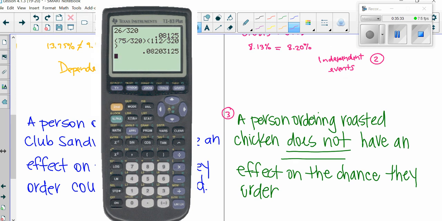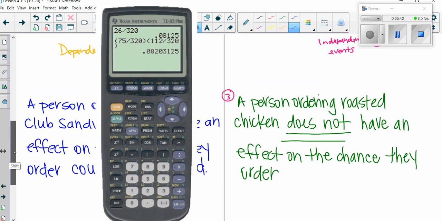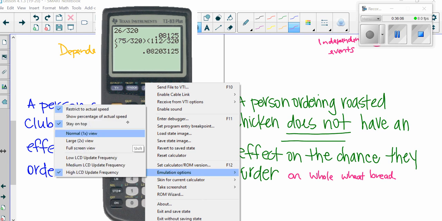A person ordering roasted chicken does not have an effect on the chance that they order whole wheat bread. I'm going to take this calculator out of here.